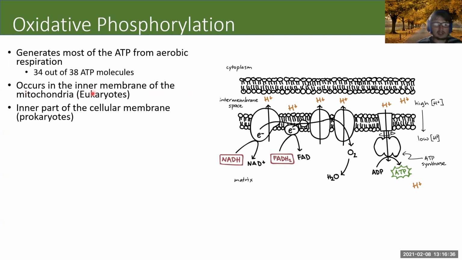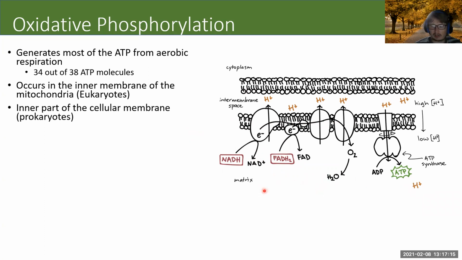Now, the oxidative phosphorylation happens in the inner membrane of the mitochondria. So let's say that this is the mitochondria. Remember, the mitochondria has an outer membrane and an inner membrane. So what happens here is there are proteins in that inner membrane that will use the NADH molecules and the FADH2 molecules for energy to move hydrogen protons.